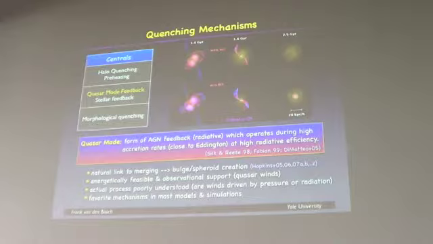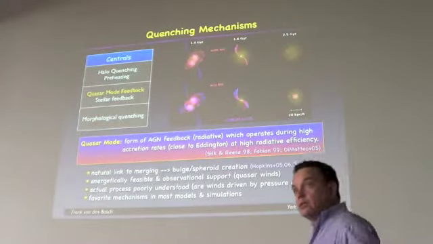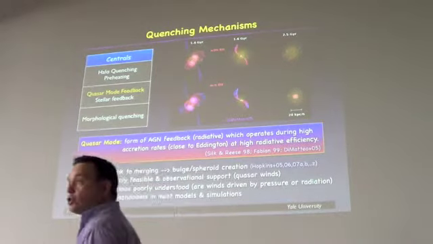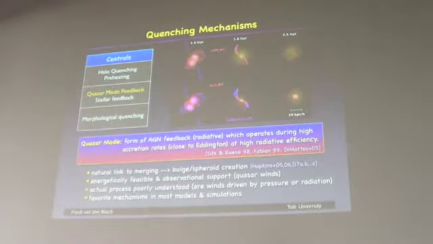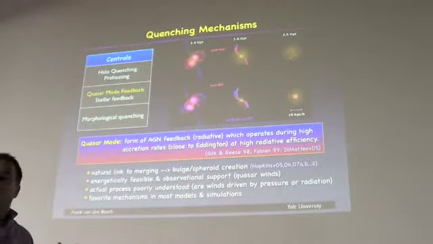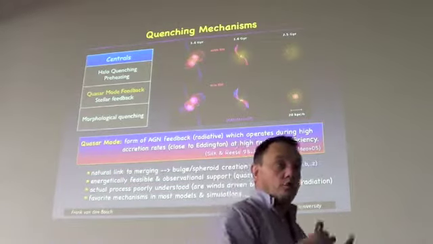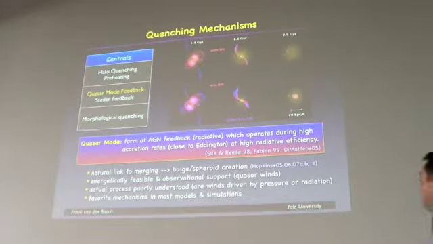The great advantage of this method is that there's a natural link to merging. Whenever two galaxies merge, you drive a lot of gas to the center, and that will ignite the quasar mode. This therefore means you have an automatic connection between quenching and the creation of the bulge, the spheroid. And any of the 1600 papers by Phil Hopkins has very nicely demonstrated that this works.